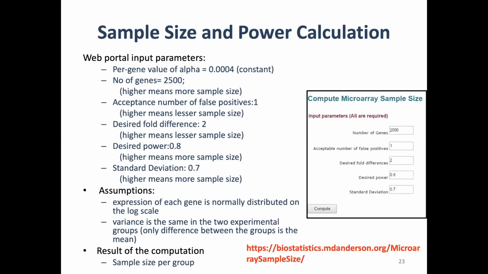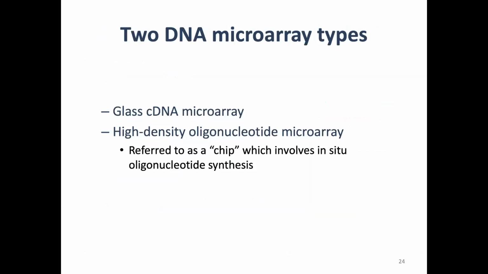So whatever sample size you get, say if you get a sample size of 20, then 20 should be in one condition and 20 should be in the other condition. The result of the computation gives the sample size per group.